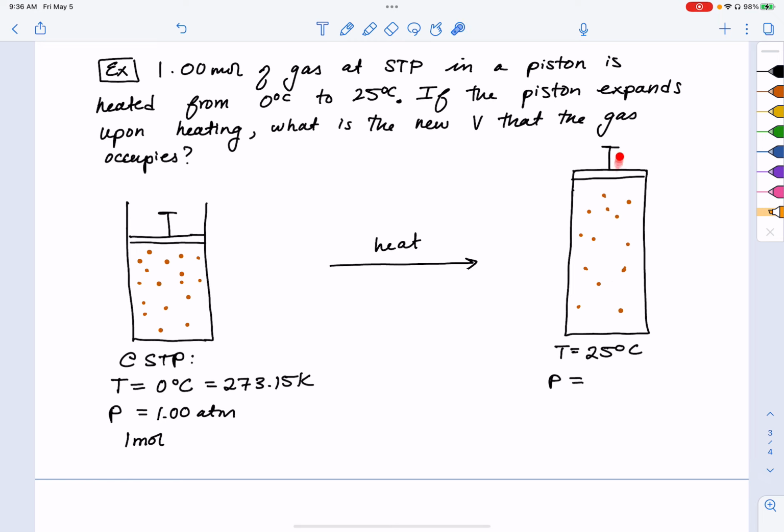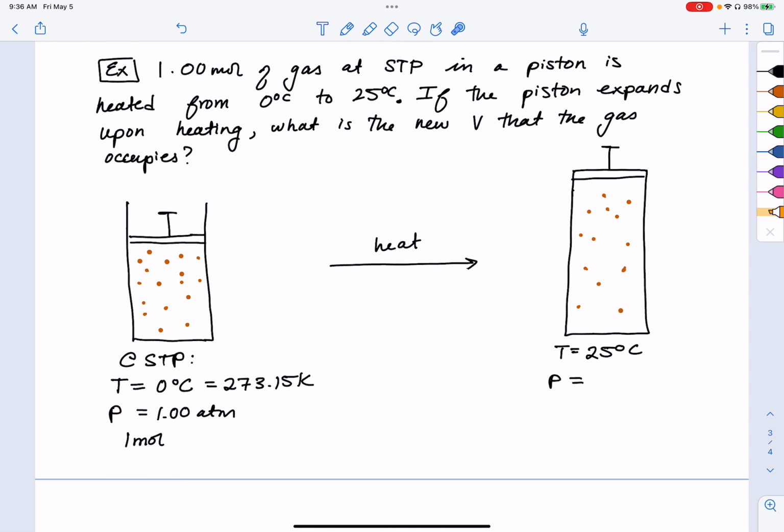Because this piston system is able to move, it's not a rigid container, we are going to find that the moles of gas at this new temperature have expanded the volume such that the pressure remained constant from start to finish.